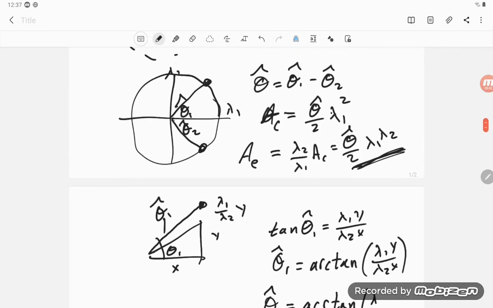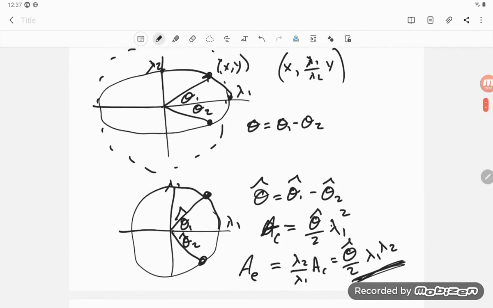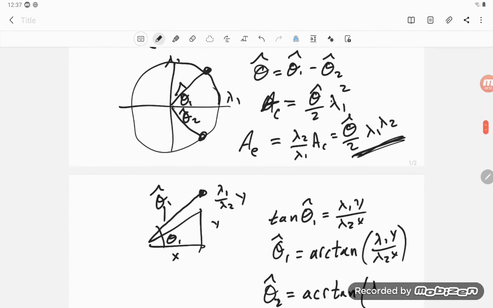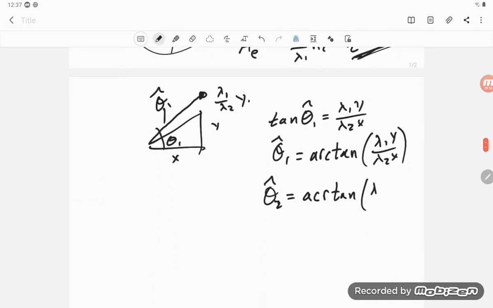I just called that y and x back here, but I should probably think of that as x1, y1 and then x2, y2 down there. So I'll call that y1 and x1, and then similarly I would have lambda 1 y2 over lambda 2 x2 like that. And so that's how I would get those.